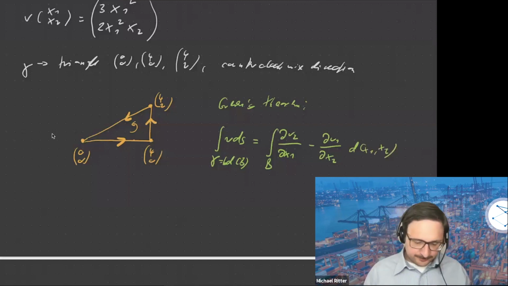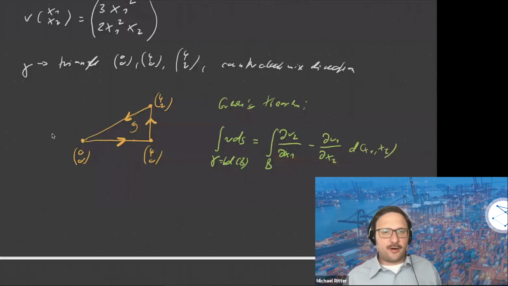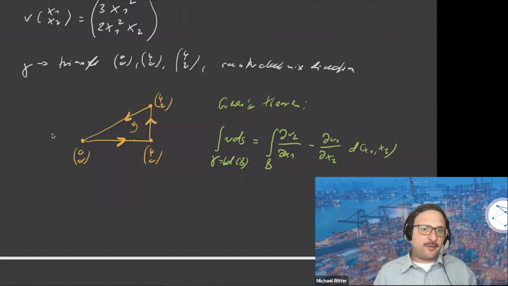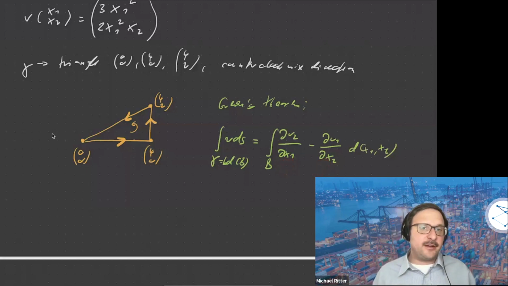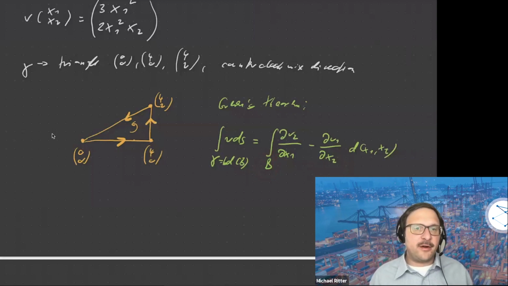Okay, so this expression here, the partial derivatives of the components v1 and v2 of the vector field with respect to either x1 or x2, both of these functions are scalar fields, so they take as input x1, x2, and the output is a scalar. So here we're integrating a scalar field over that body B here.